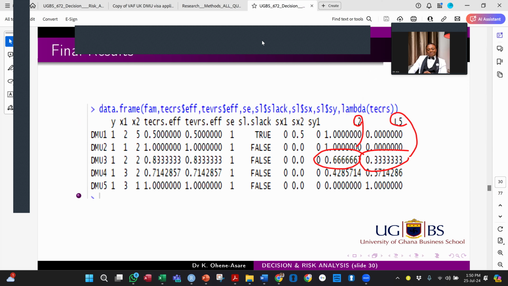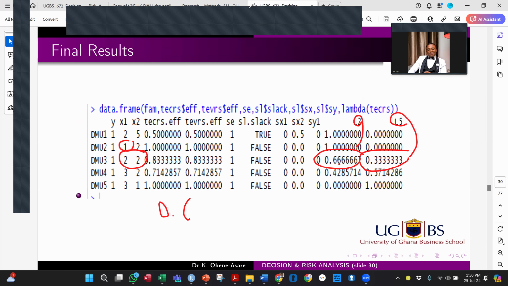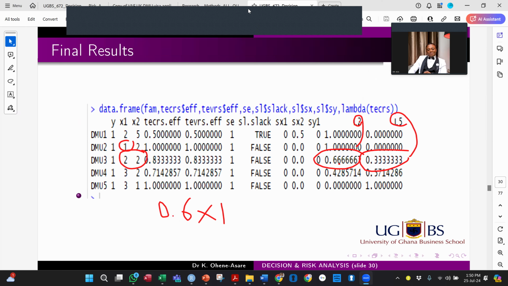So what we are saying is that the inputs for this DMU are bad. That's why he's inefficient, 83%. So how do you get its target? In order to get its target, take this 0.666, which is from DMU2, and multiply it by DMU2's input. You can't even use himself because he's not good.